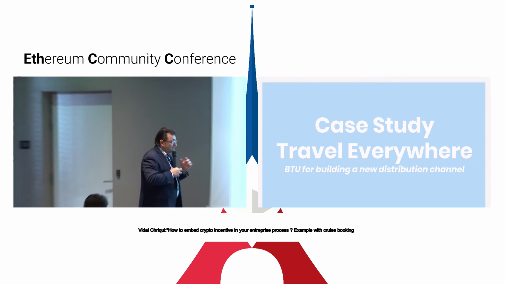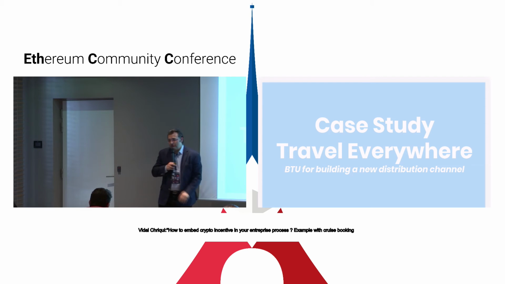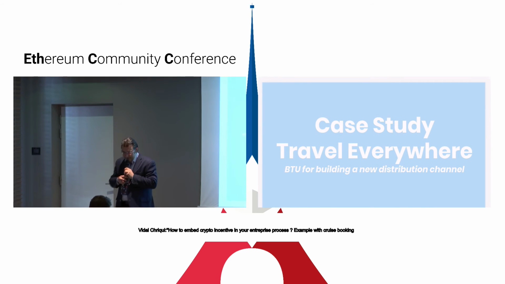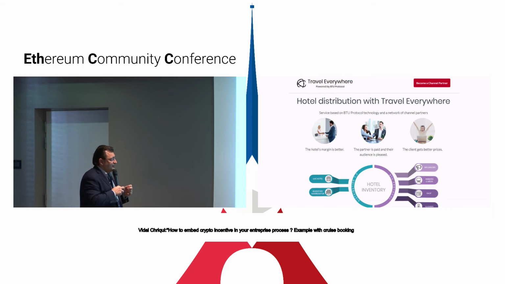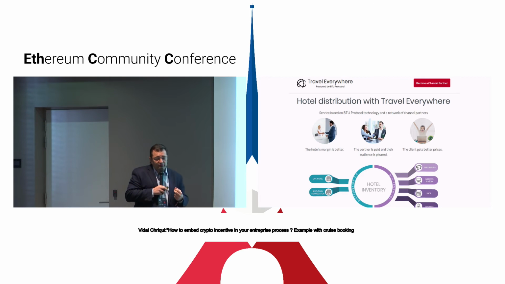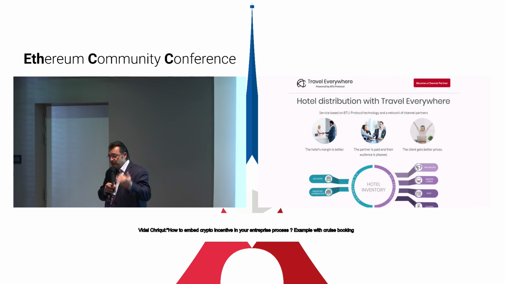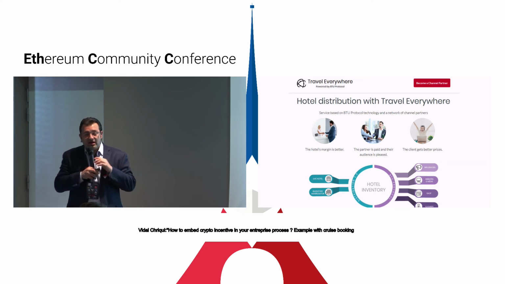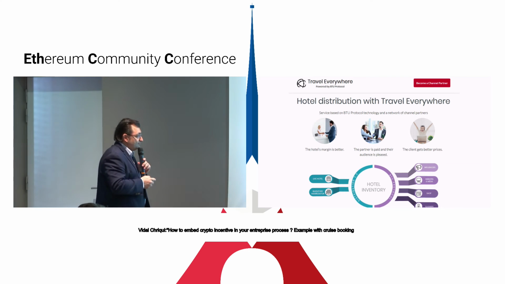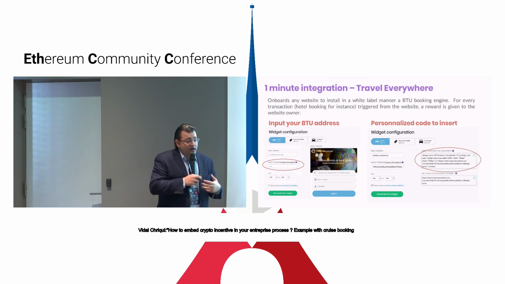So we designed something for the end user who will never see the crypto. That's called Travel Everywhere. So what's happening is that instead of onboarding new users, we're onboarding new partners that are reselling the offer.